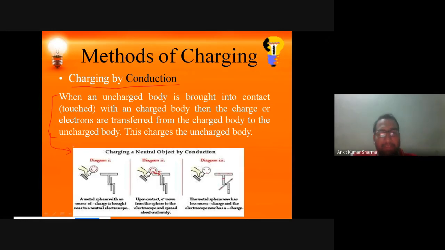When I read out this theory, you should relate it to this diagram.